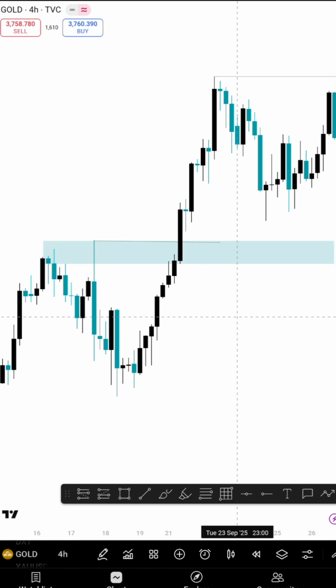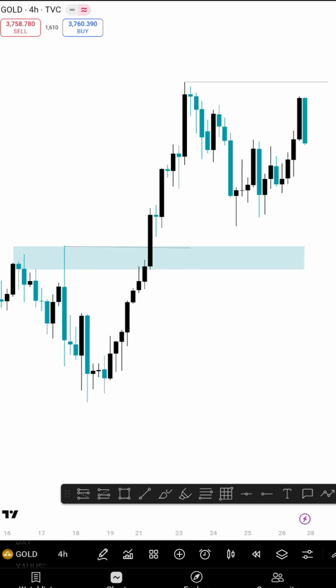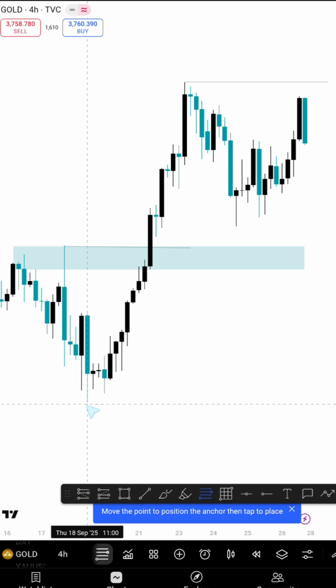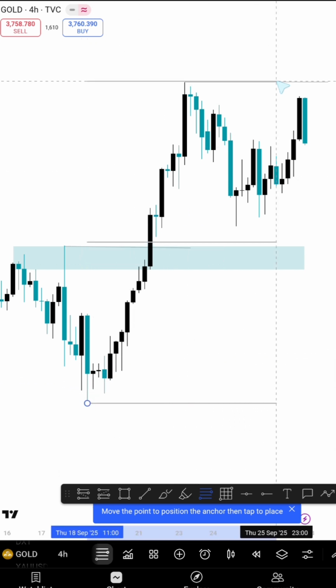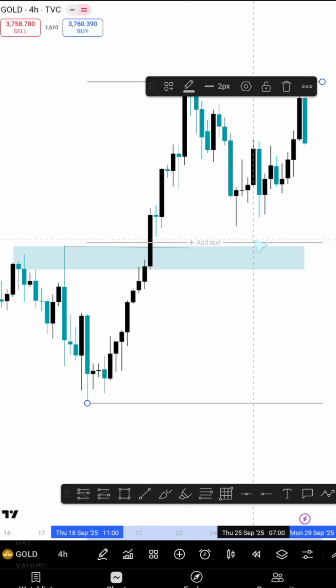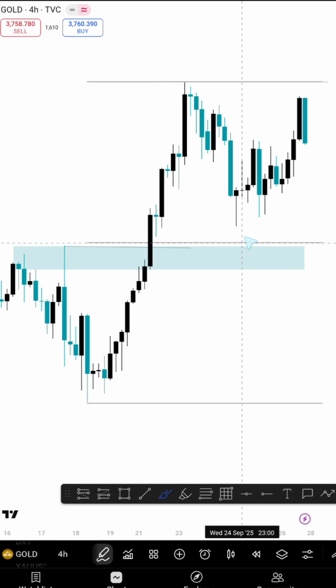This was the previous resistance that price broke from, and using our fib tool from here to here, that range falls within the 50%.